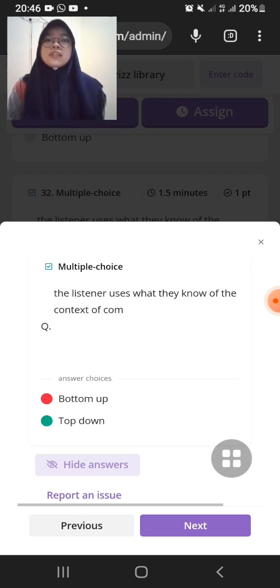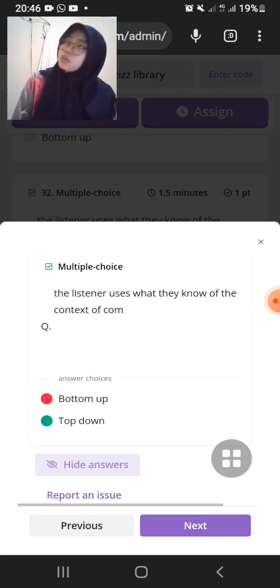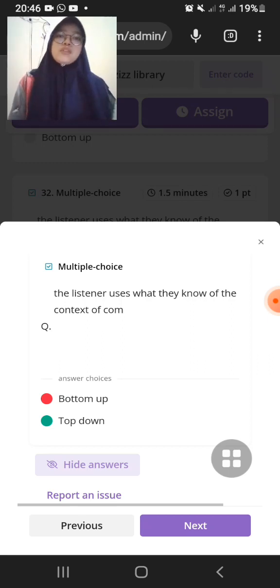Because the meaning of top down is the process in which the listener goes from the whole, their prior knowledge and their content and rhetorical schemata, to the parts.